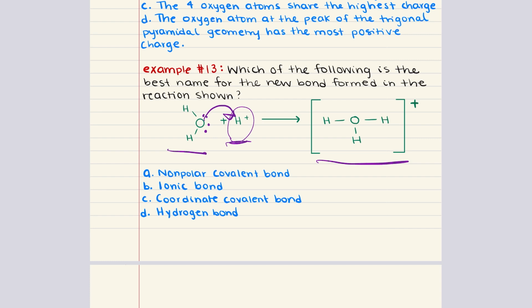This represents the donation of a shared pair of electrons from that water molecule to that proton. This type of bond is called a coordinate covalent bond. And so the correct answer for problem 13 is going to be C.